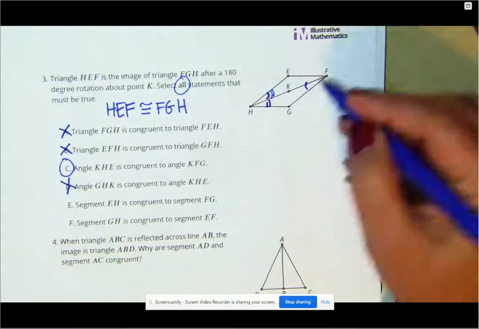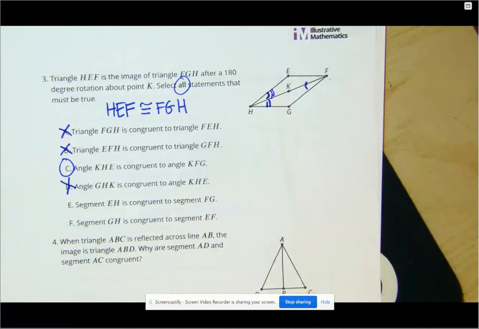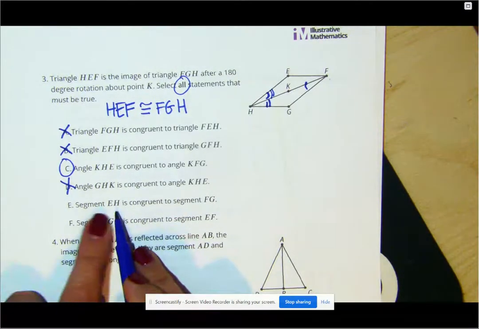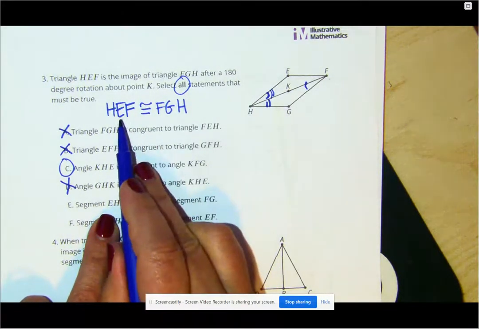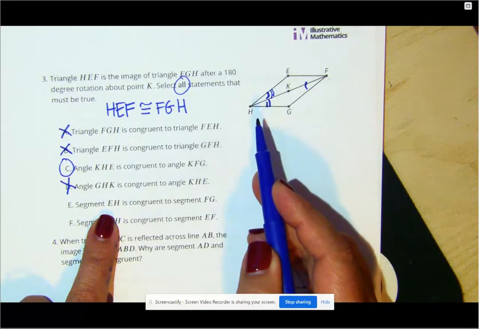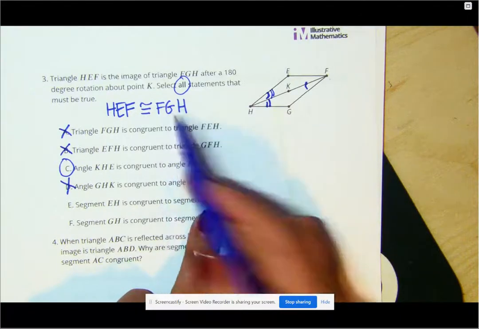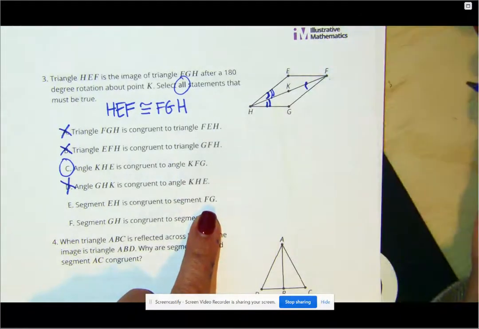Segment EH is congruent to FG. Now this you could look at your congruent statement as well. Look, EH, that goes the middle to the first, is congruent to FG. Yes. Now they didn't say those in the right order, but if I'm just talking about the segment, it's okay.